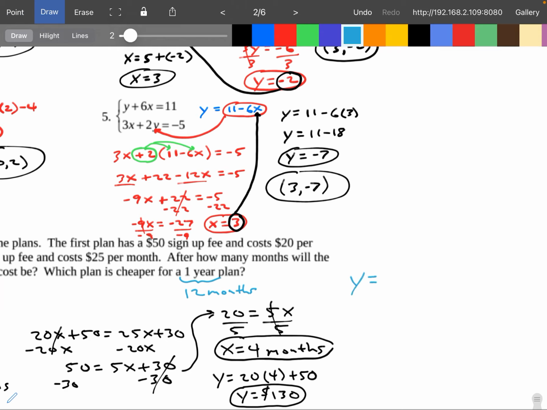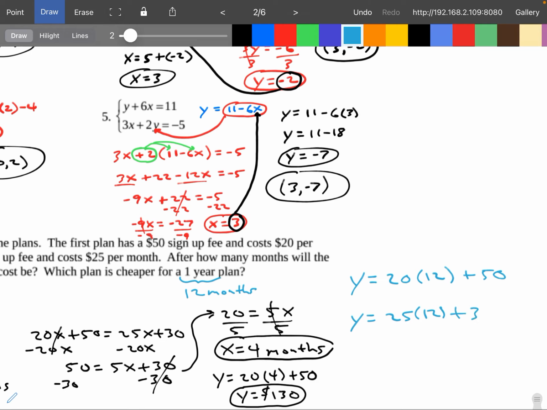So I've got to see which plan is cheaper. I'm going to take the 12 and put it in right here in the top equation. I'm also going to put the 12 into the bottom equation and then find out which one would be cheaper after a year. So let's do that.